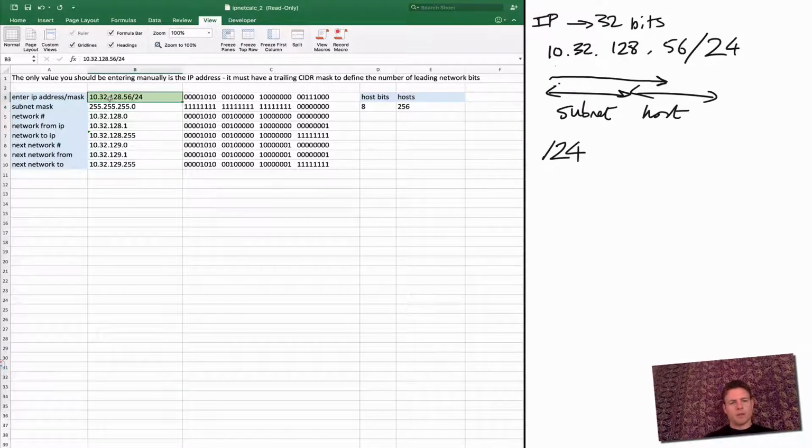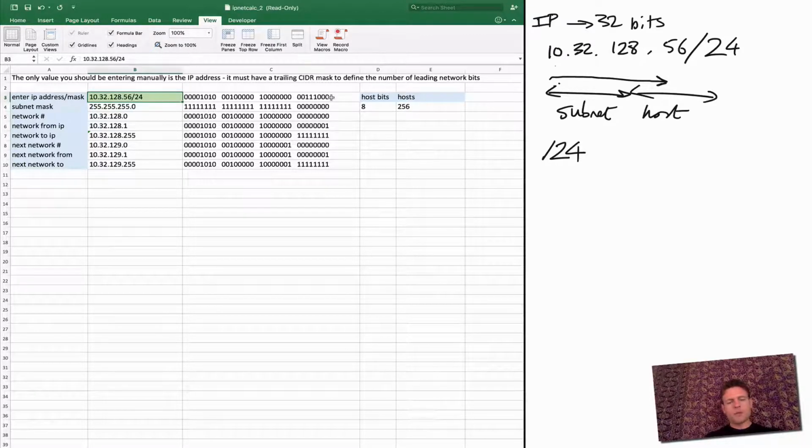So you can see here that 10.32.128.56 is represented in binary by the following 4 octets. So the first octet is 10, so basically you can see it's a 2 and an 8, and then the second one is a 32, which is just a 1 in the 32 position, etc., etc., right? So this tool, first of all, gives you a visual representation of the actual binary number, so you can visualize exactly what's going on.